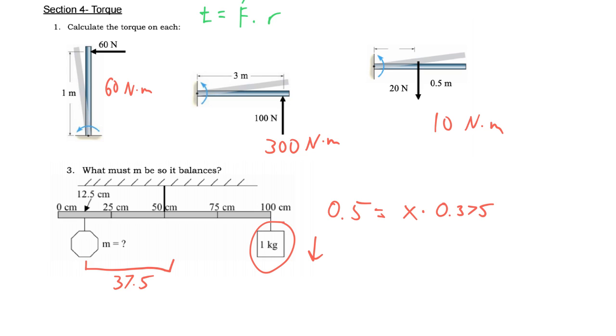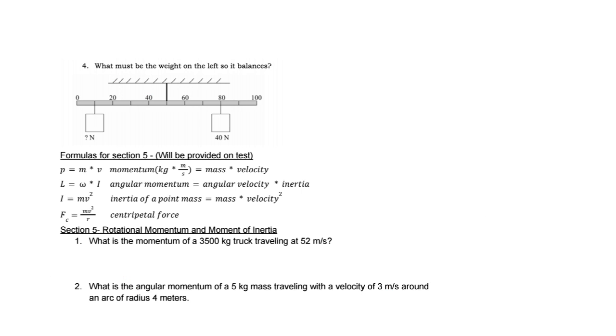I'll just divide both sides by 0.375, and I get 0.5 divided by 0.375. I get a mass of 1.33 kilograms. And does that make sense? I think so, because it's a little bit closer in, so it should be a little bit heavier.